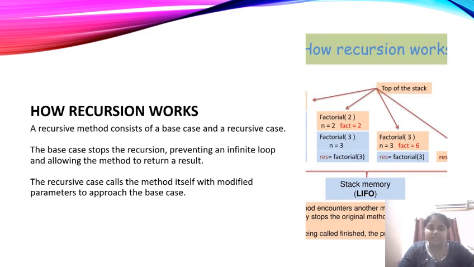How recursion works. A recursion method consists of a base case and a recursive case. The base case stops the recursion, preventing infinite loops and allowing the method to return a result.